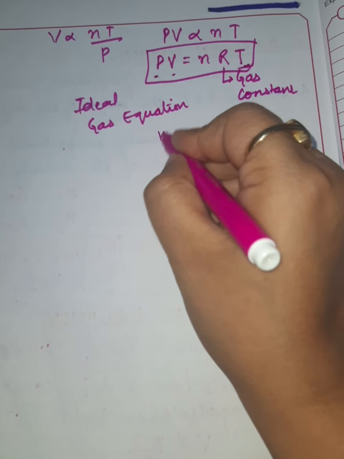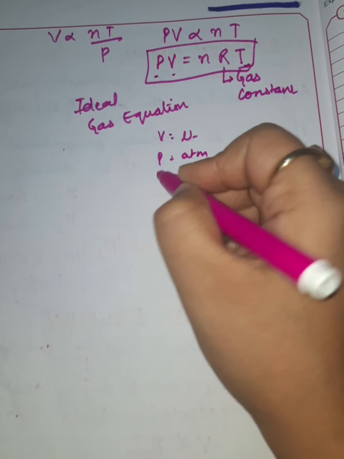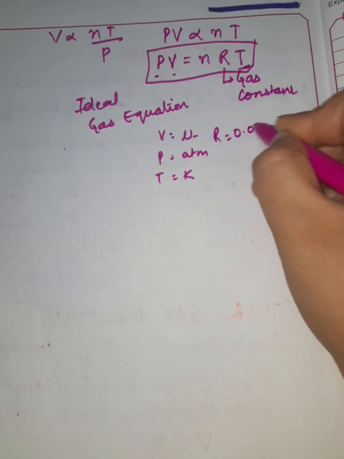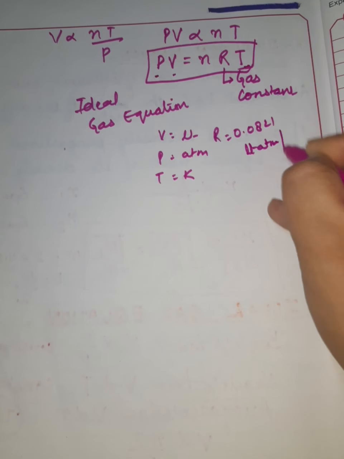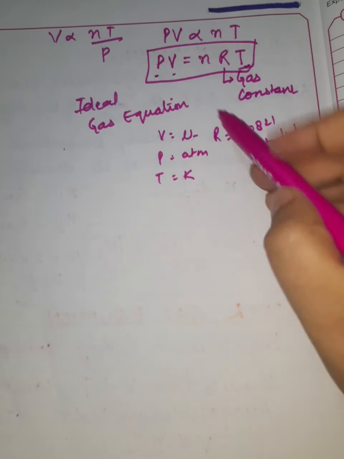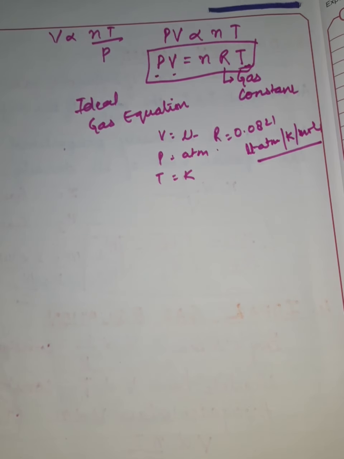If volume is in liters, pressure is in atm, and temperature is in Kelvin, the value of R is 0.0821 liter atm per Kelvin per mole. Alright, clear? If you change the units of volume or pressure, then definitely the value of R will change.